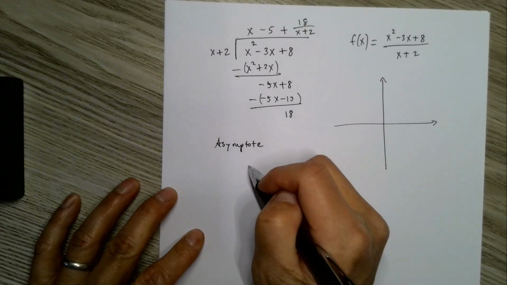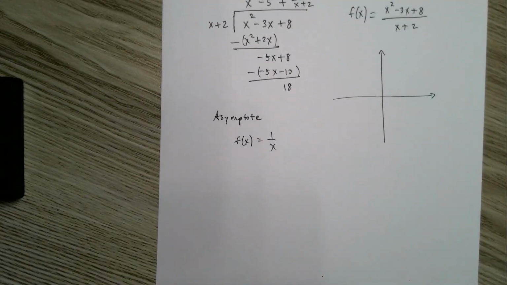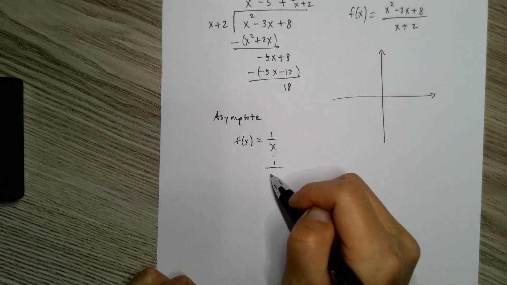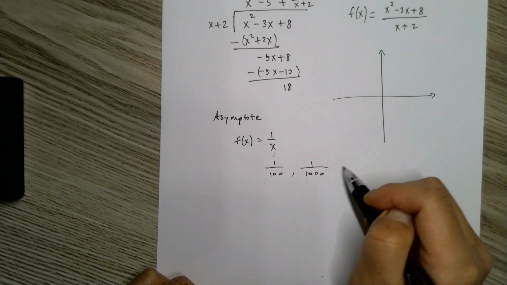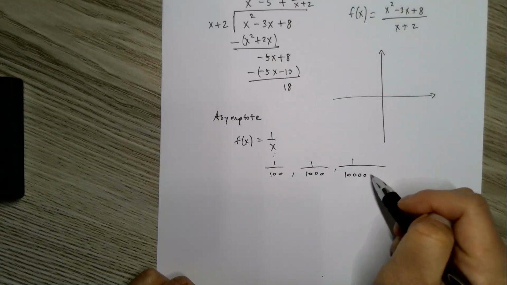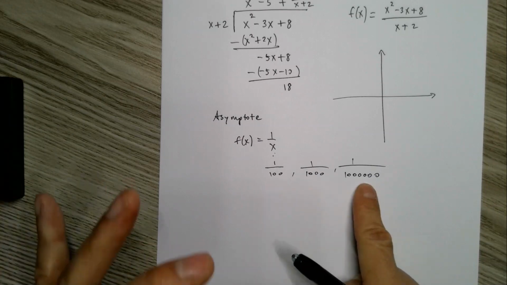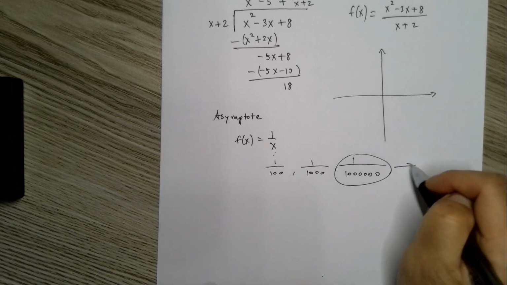And here's an example. This simple function, f of x equals 1 over x. When x gets really large, like 1 over 100, or 1 over 1,000, or 1 over a million, you'll see, when x gets to 100,000 or a million, that the value of the whole function, 1 over x, is getting really close to 0.